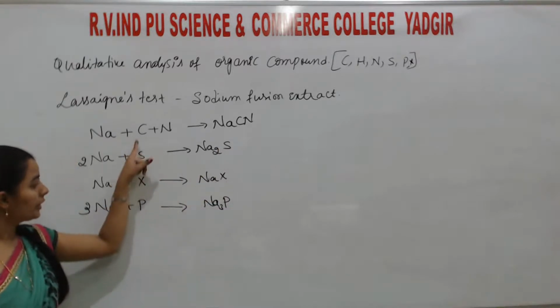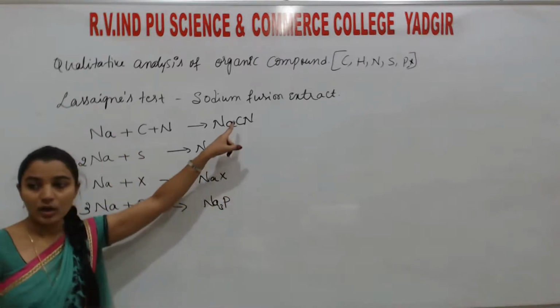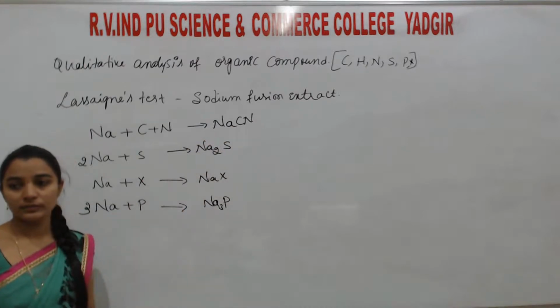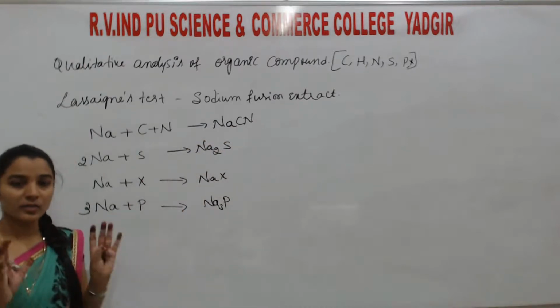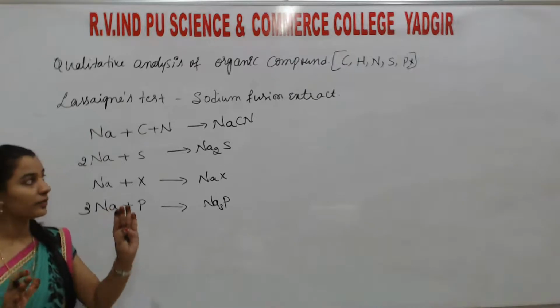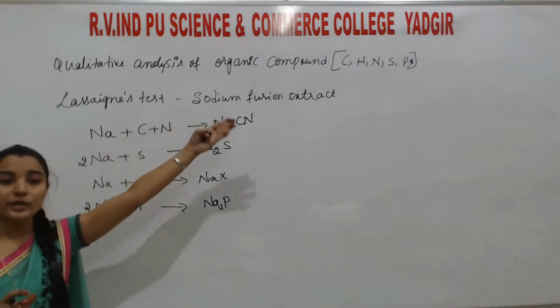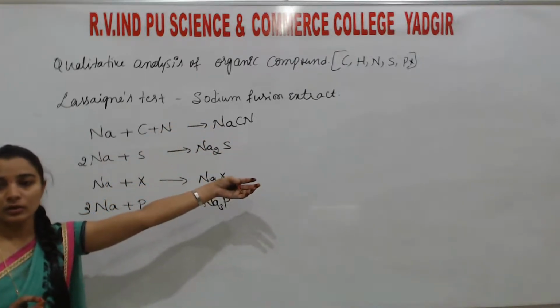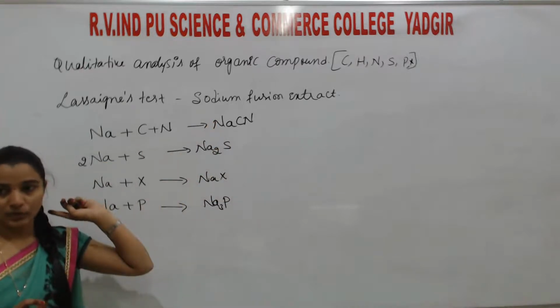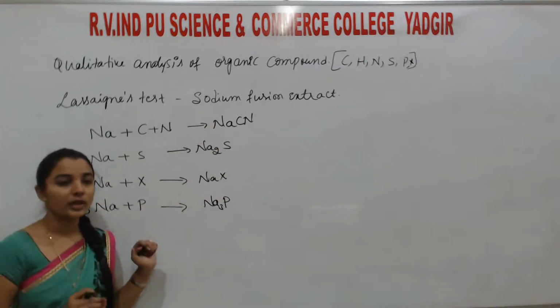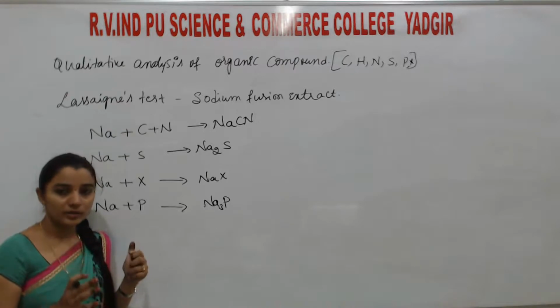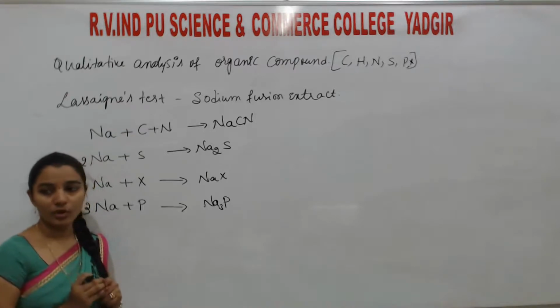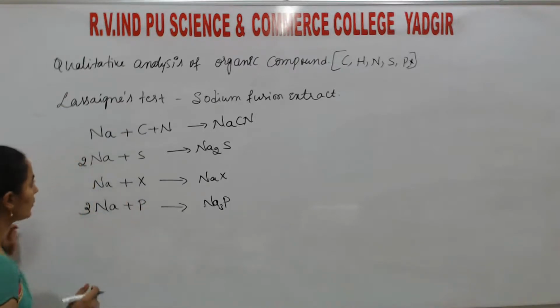Here, the covalent compounds are converted into ionic compounds. Understand? This is the main thing we have to do to identify the hetero elements other than carbon and hydrogen in qualitative analysis. Carbon and hydrogen are directly detected by using copper oxide. So we will discuss one by one.